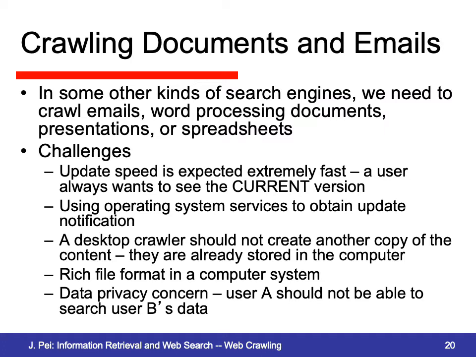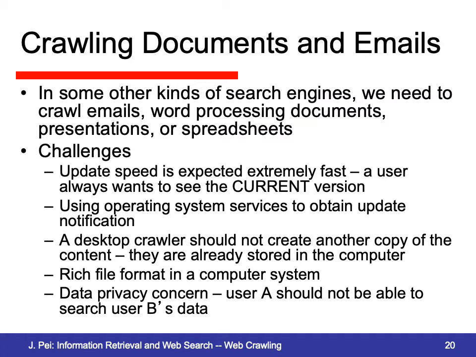For example, a user may always want to see the current version of the documents. Therefore, we have to search for those updates frequently. Second, we may have to use operating system services to obtain update notification instead of using the robots.txt document.